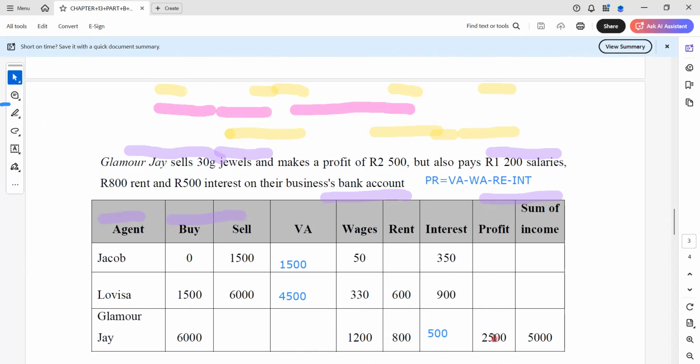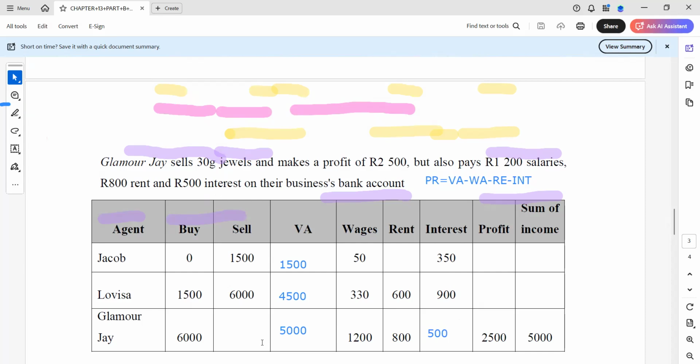So it's going to be 2,500 plus 500 plus 800 plus 1,200 to get the value added, right? So your value added is how much? Please calculate. Yeah, it's 5,000. Yes, it's 5,000.